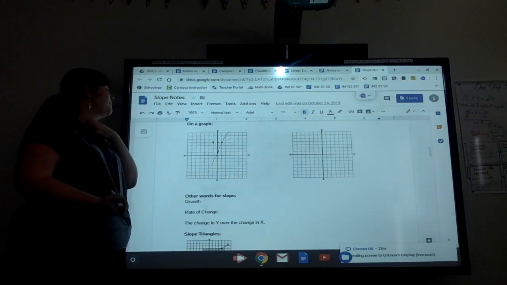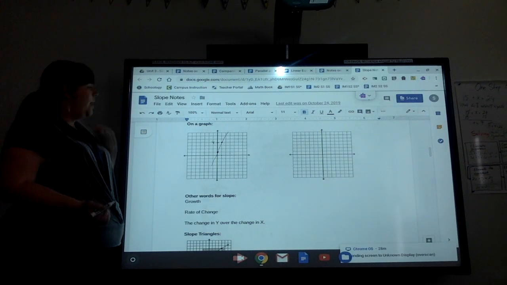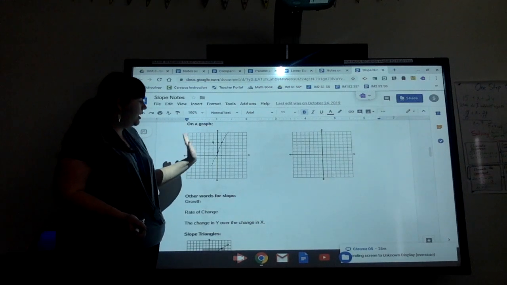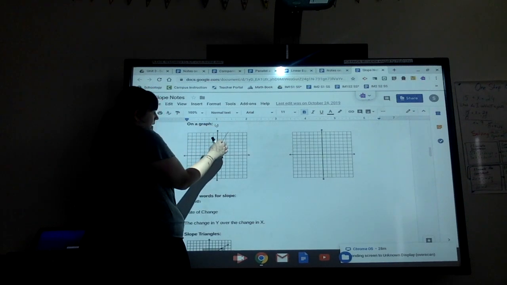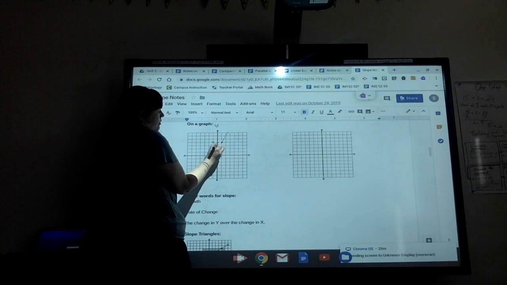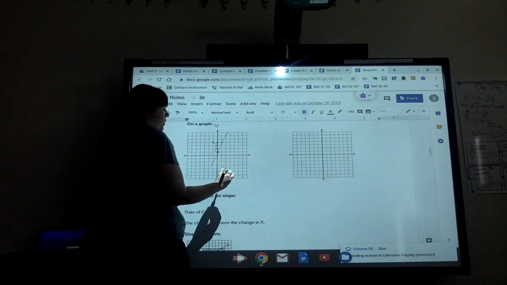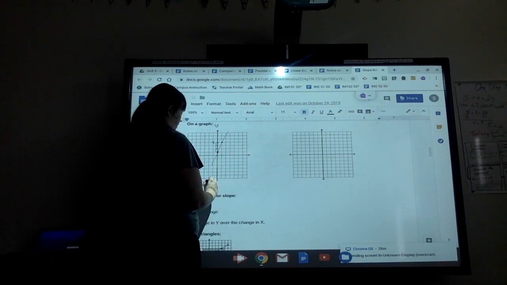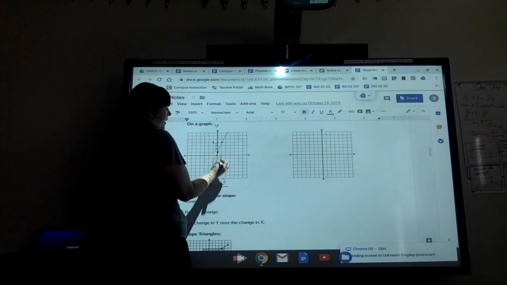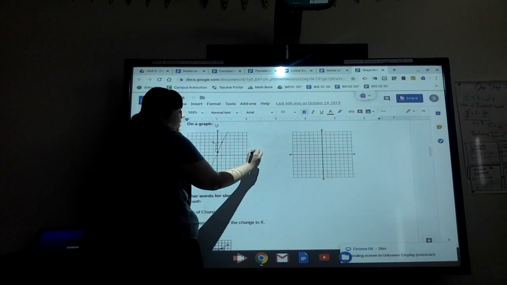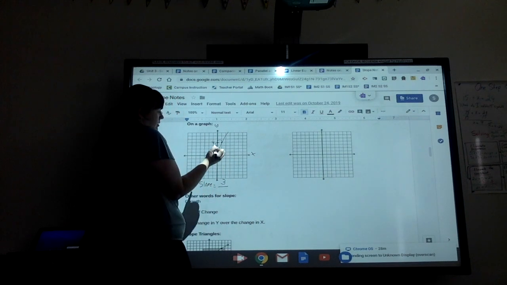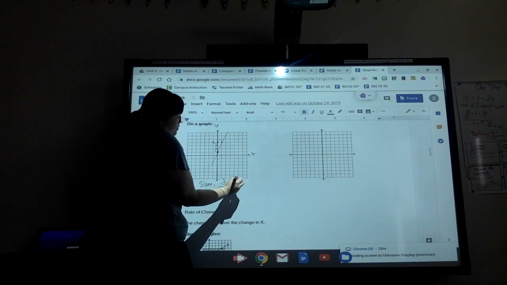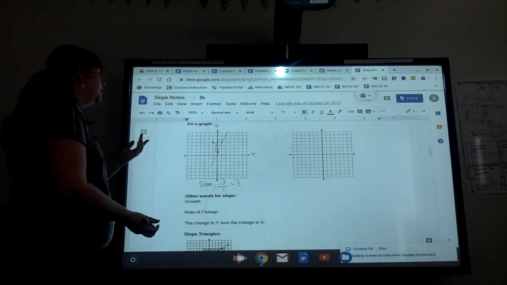How much is it changing by in my y, my amount? Well, from here to here, I have to go up 1, 2, 3. So my amount, my y, is going up 3, divided by how much time did it take, how many x's did I move over? From this point to this point, I move over 1 x. So my slope is 3 over 1, which is just 3.